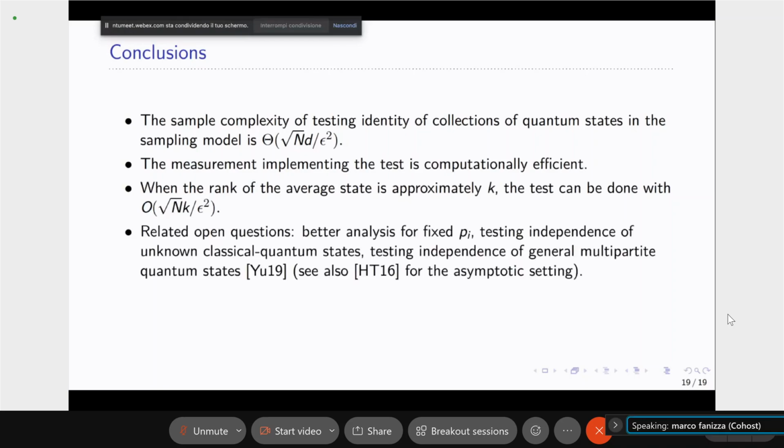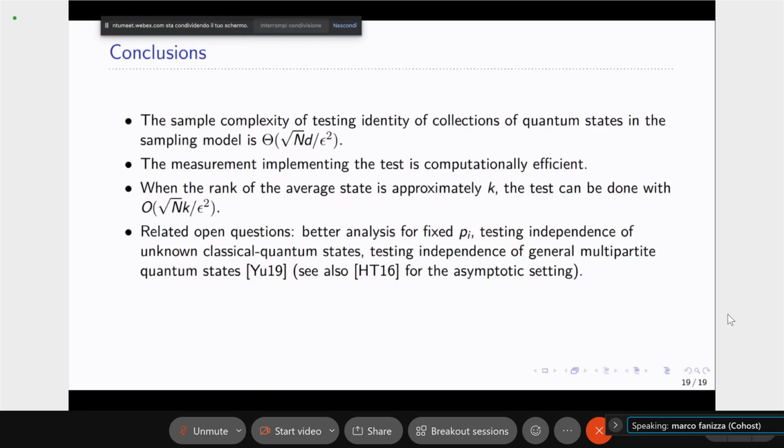And there are related open questions. It would be nice to have a better analysis for fixed probability distribution, since we assume that we know the probability distribution. But it will also be interesting to understand the case where we don't know the probability distribution, and maybe we don't know the basis of the classical register of the classical-quantum state, which would be equivalent to testing independence of unknown classical-quantum states.